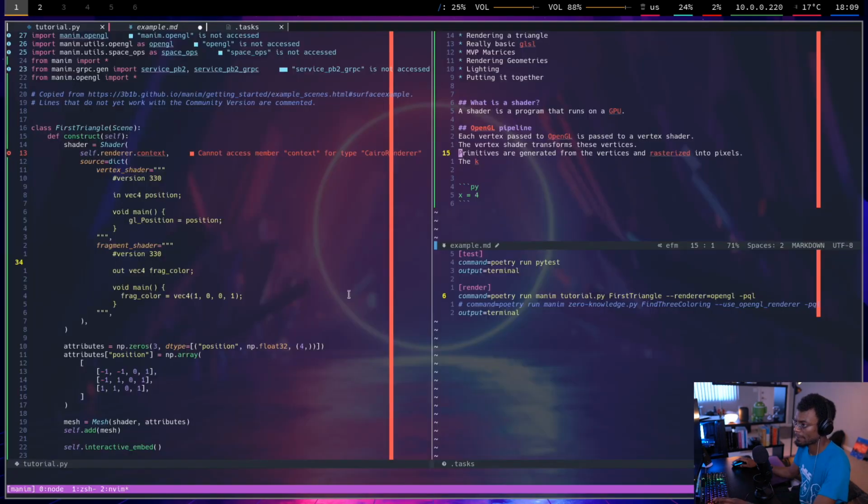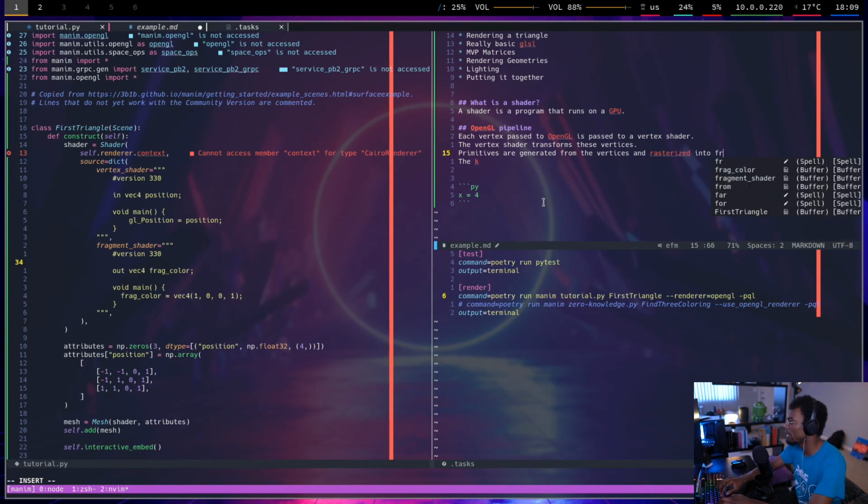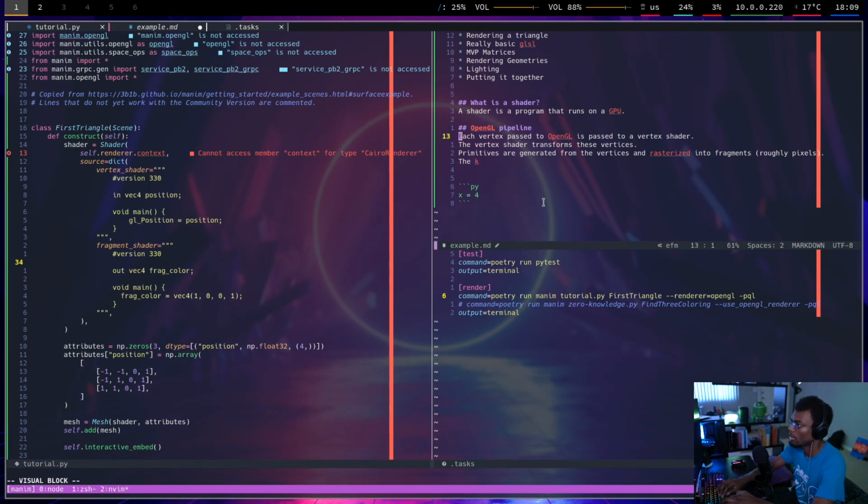Okay. And rasterized into fragments, which is, I'll say, roughly pixels. Let me make this into a list.